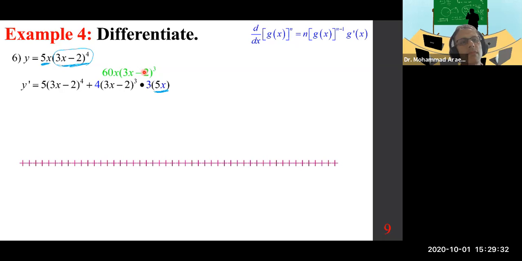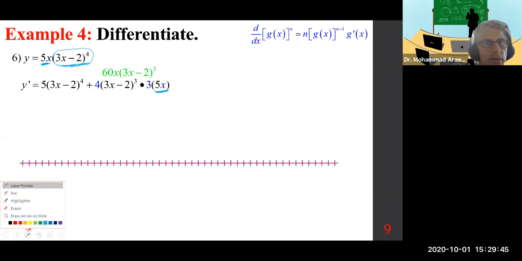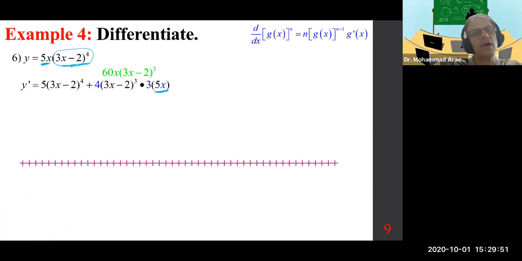Okay. So what happens is we write 5, we write 3x minus 2, and we choose the smaller of the two exponents.